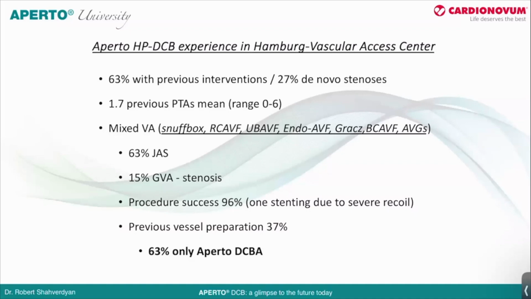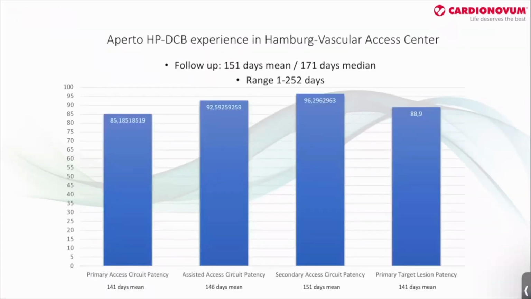And actually in 63% of those patients, we just used the Aperta balloon without a previous vessel preparation, whether it was an angioplasty or another device. So that was something interesting to see how Aperta performs as a standalone device, because I think that if it also proves to be efficient, at least as efficient, if not better, then we also spare costs on another device used prior to that.